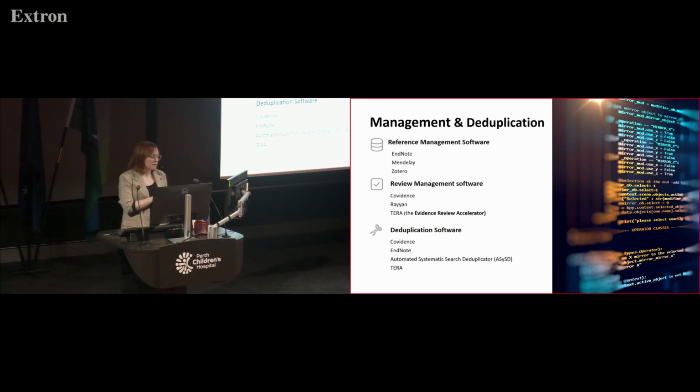Covidence can help with that as well, and EndNote has an automatic deduplication in there as well. You've got reference management software, so you'll probably be familiar with EndNote, Mendeley and Zotero, and then you've got other review management software that actually takes you from the beginning of your review right through to the end for data extraction and all of those other last little bits that you need to do.